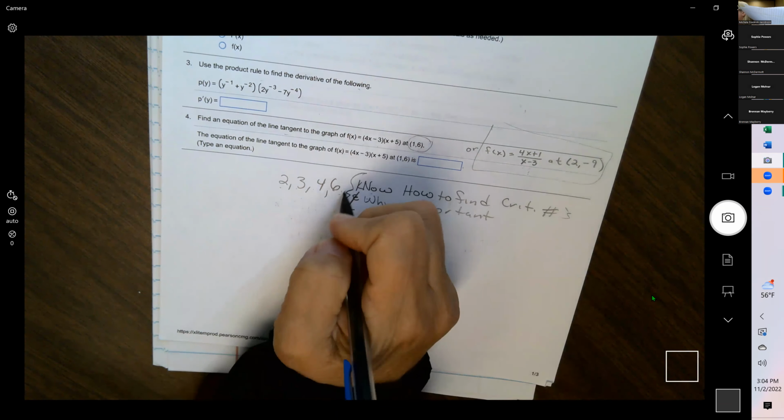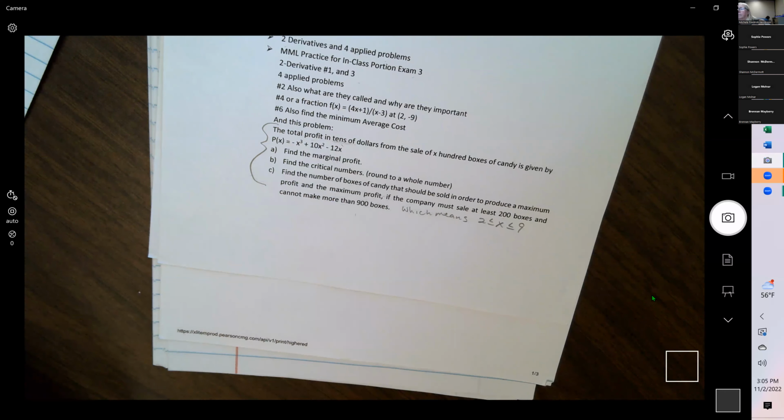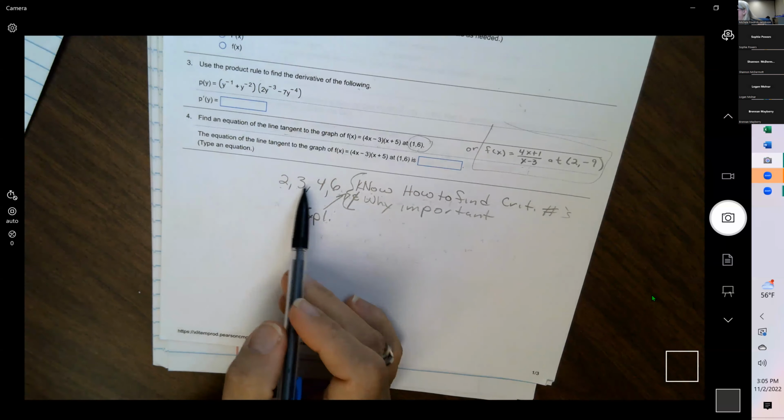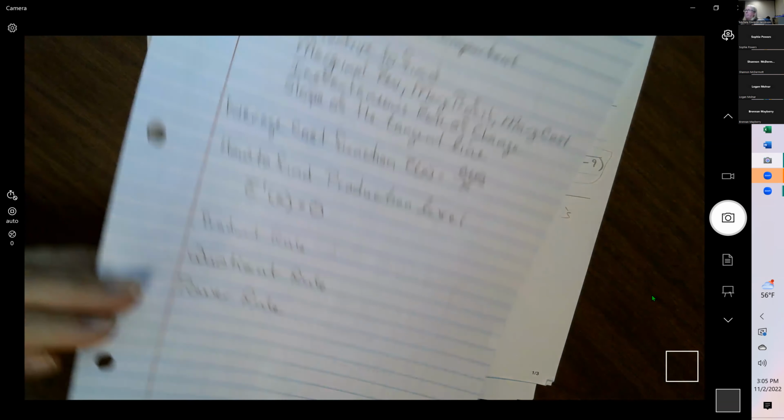And we did it last class, this one. So 2, 3, 4, and 6, be able to explain this. And then this is the other problem. And we did all of them last class.